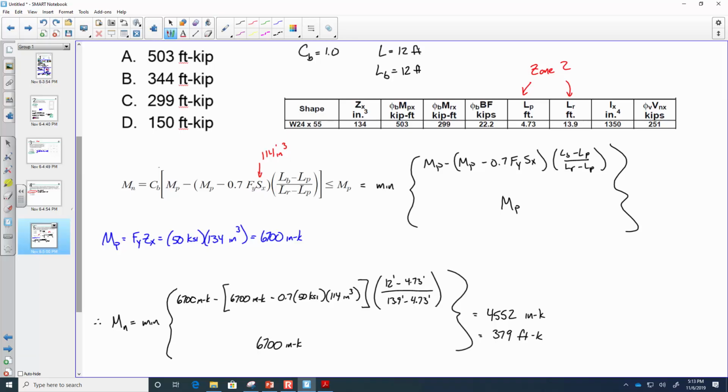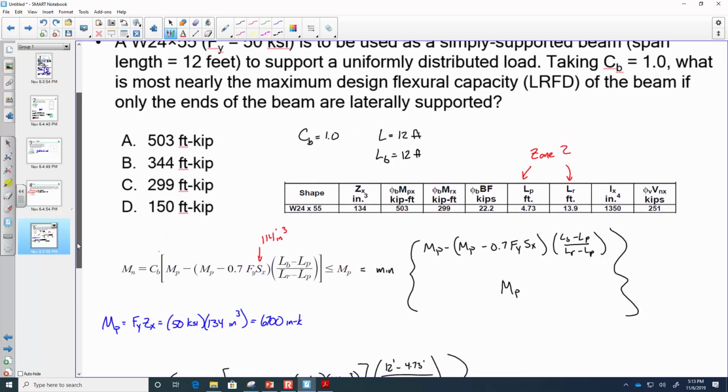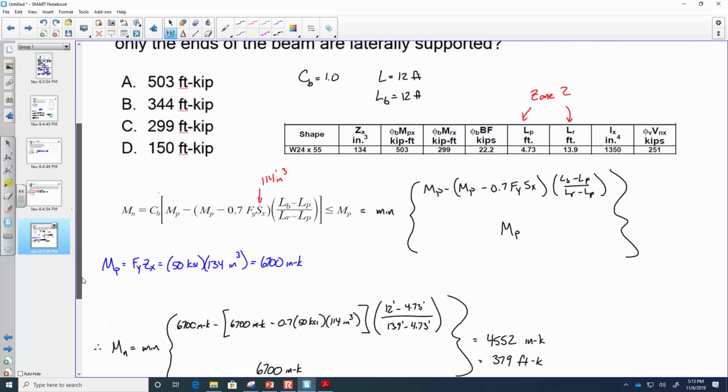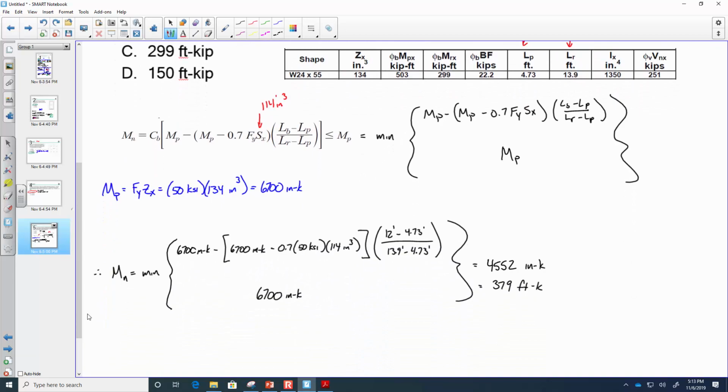Then multiply it. Well, what's the problem asked for? The design flexural capacity. We computed the nominal flexural capacity. What's the phi value? 0.9. phi MN is 0.9 times 379.